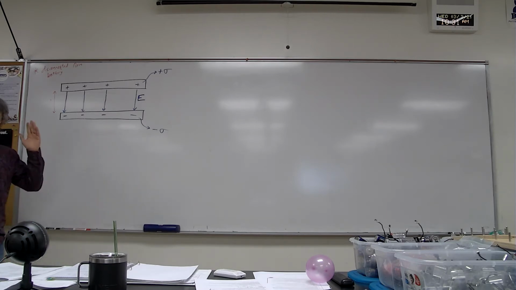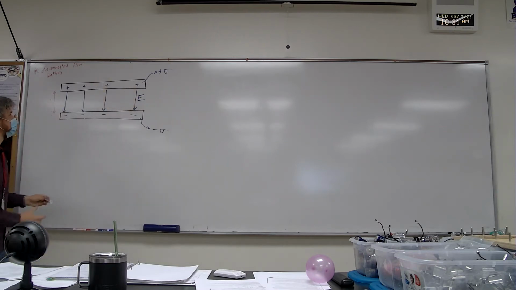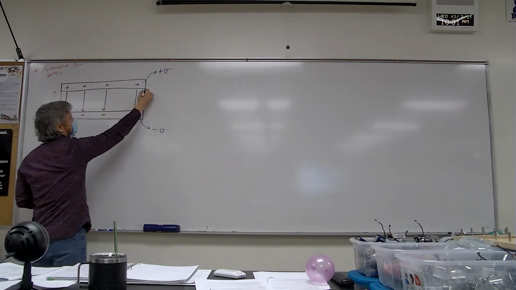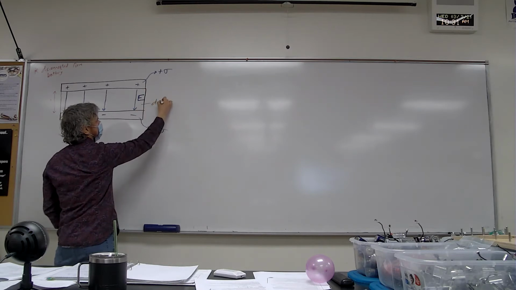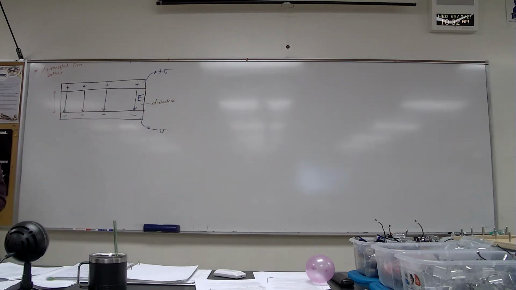I'm going to take a dielectric, piece of glass, piece of polyethylene, piece of rubber, piece of paper, something, and I'm going to slide it in between the two capacitor plates. And so now between these two conducting capacitor plates, I have a dielectric. Again, what's a dielectric? It's just an insulator that you put between capacitor plates. That's it.